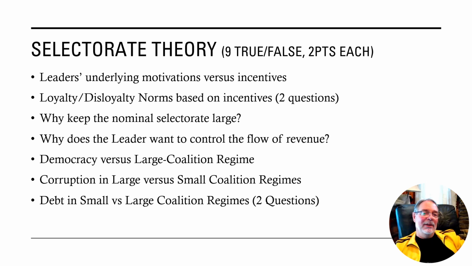The problem is, in a large coalition regime, a democracy, we have the disloyalty norm going on, right? And if your performance suffers, you'll be kicked out. So you have to make sure that you're not being too greedy, that you aren't getting loans that will encumber your economy, at least in the time span which you will be in charge.